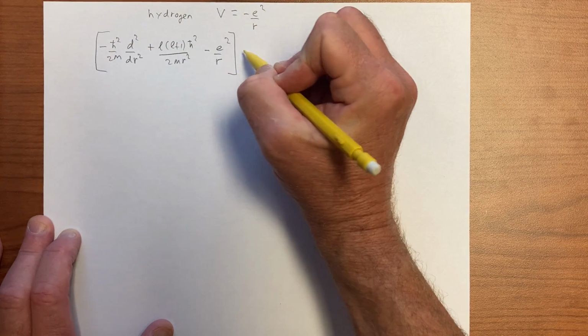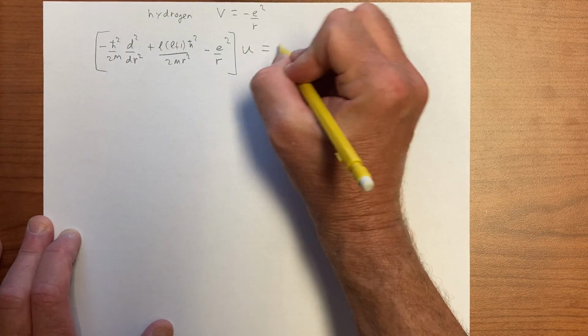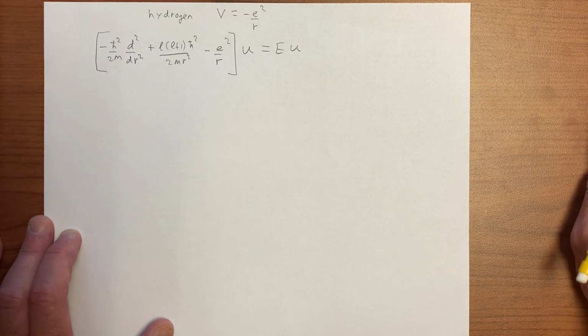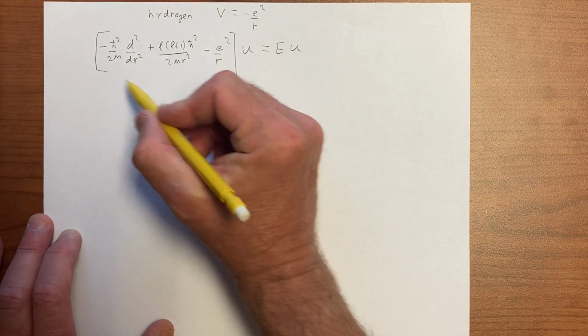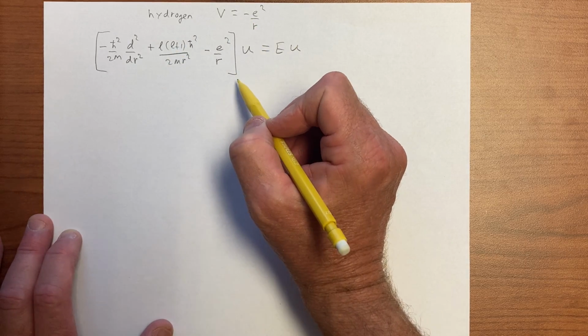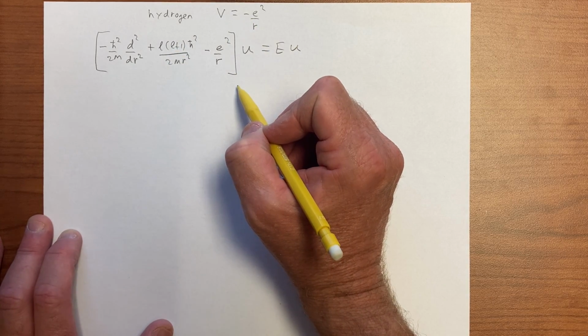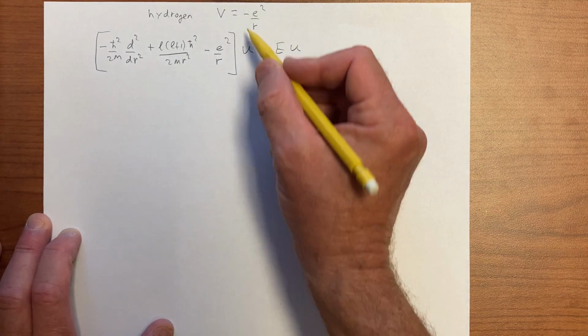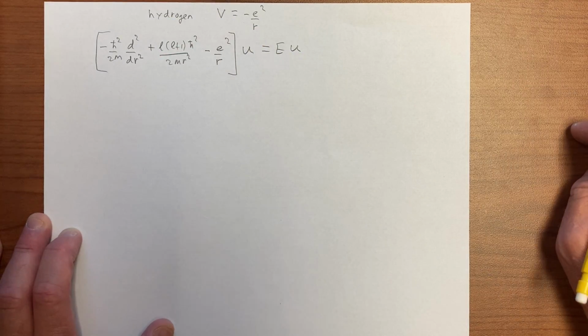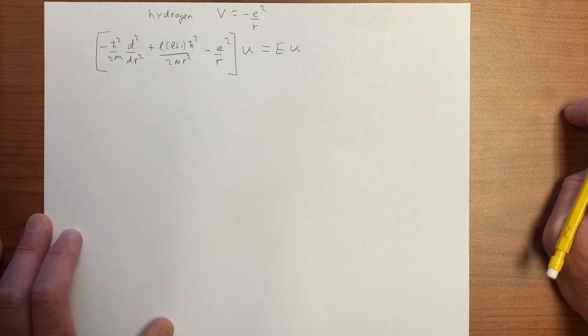All right, that operates on the u function, and that's equal to Eu. And so that's the equation that we have, and we'll look at this for large and small values of r, and it'll look like an equation that we're familiar with. We'll be able to read off the solution, and then we have to sort of patch them together.